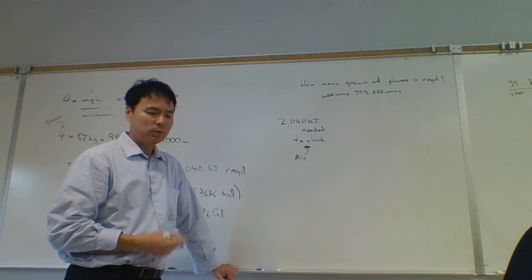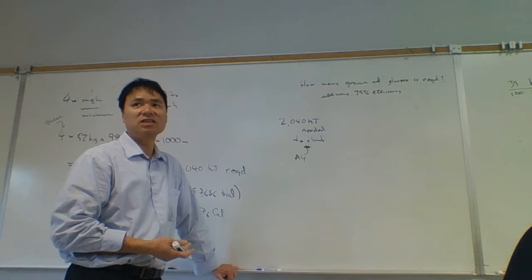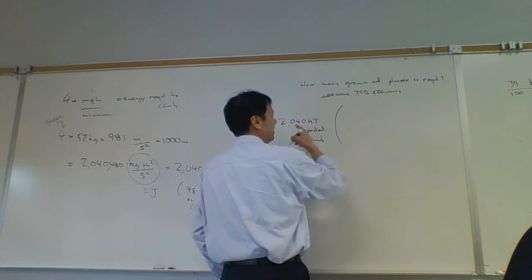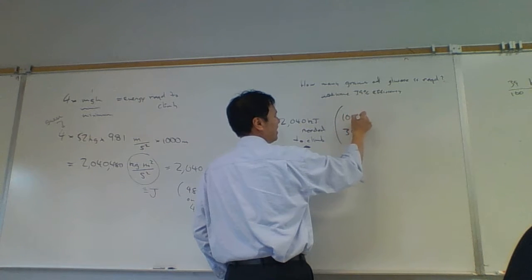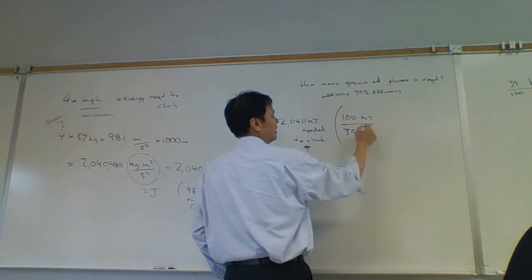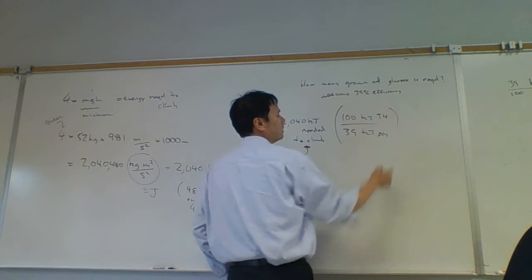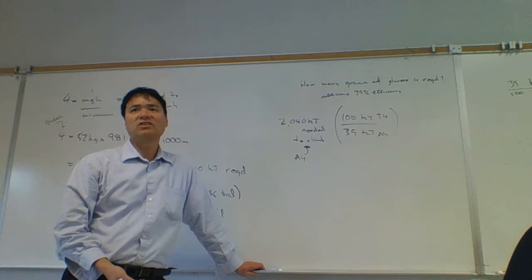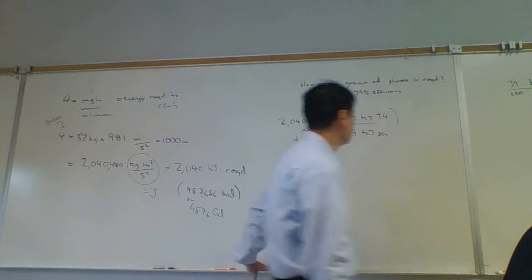That means we need to produce more energy because we're going to lose 61% of that energy to heat and not be able to do any work with that. Right? So that means for every 39 kilojoules that we have as our actual, we're going to have to produce 100 kilojoules in theory. That way a lot of the kilojoules of energy are going to be wasted, quote unquote, as heat.